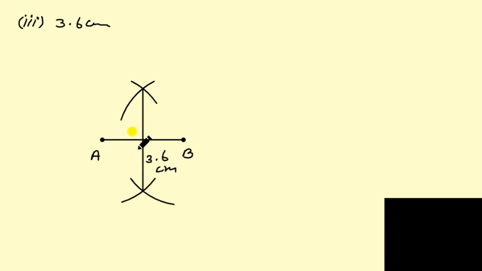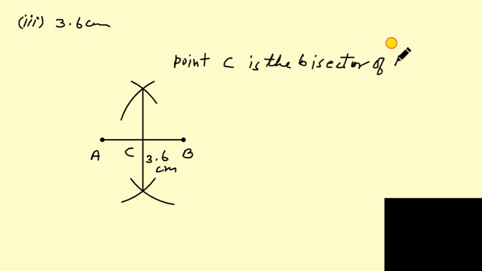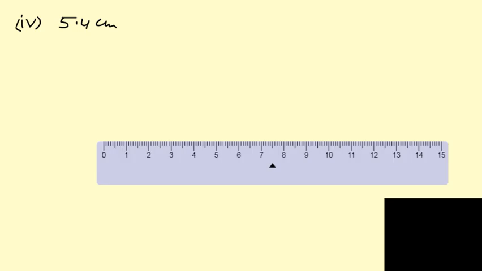Now keep the roundel at the point B like this and take a distance more than half. So you can take this distance and make an arc like this. Now further make to here. Yes, like this. And also draw a line with the help of the points of intersection.